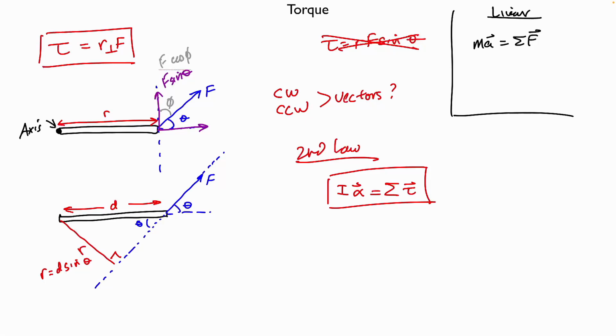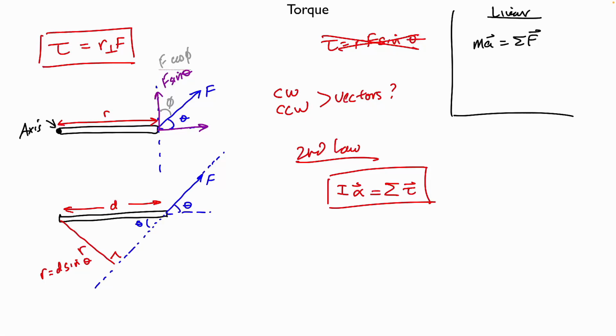So if I've got something spinning and I apply a torque to this, it will have alpha, because it has moment of inertia. Just like if I take a ball and I apply a force to it, because it has mass, it will accelerate, it will change its motion.